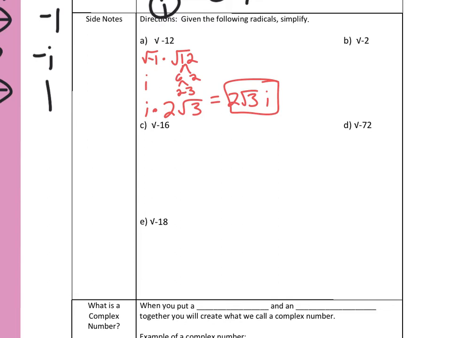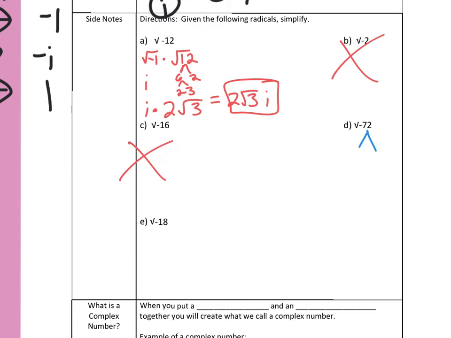Because we've already done this, and just to save a little bit of time, we're going to skip B and C, but I want you guys to do D and E. So go ahead and do those. All right, square root of negative 72. What did you get? 6 square root of 2. Okay.